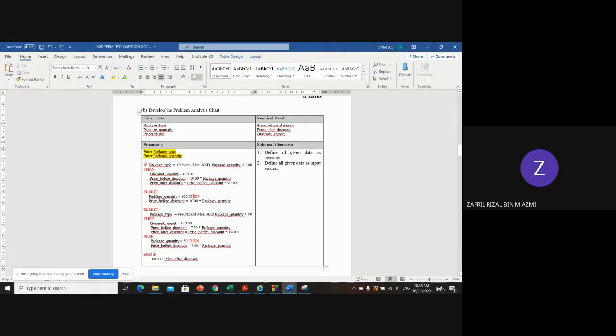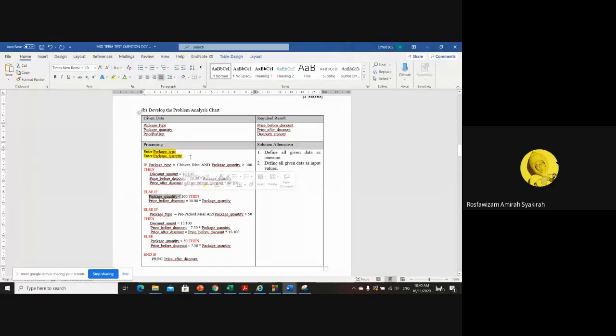Why am I saying this is wrong? What happens if the user enters a package type other than chicken rice?